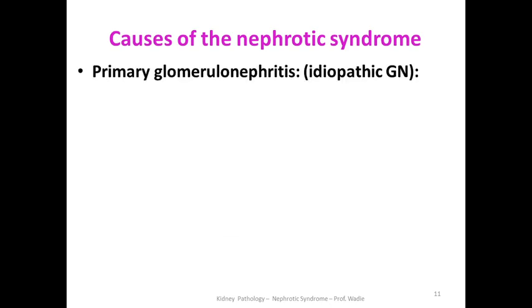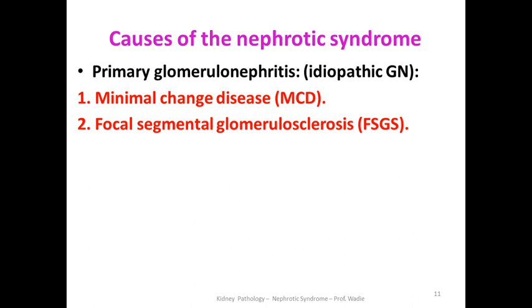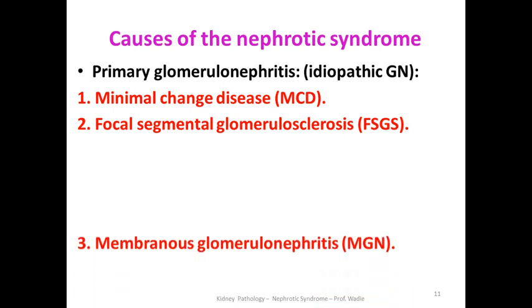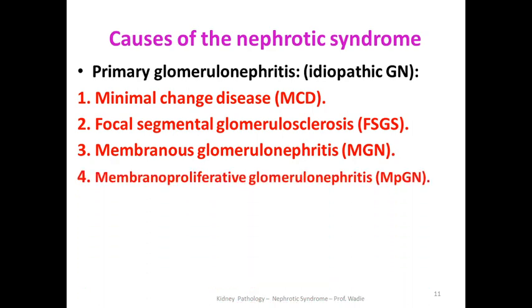When we come to the causes of the nephrotic syndrome, as we mentioned, we have primary glomerulonephritis or idiopathic glomerulonephritis, and these are the minimal change disease, the focal segmental glomerulosclerosis, the membranous glomerulonephritis, and the membranoproliferative glomerulonephritis.